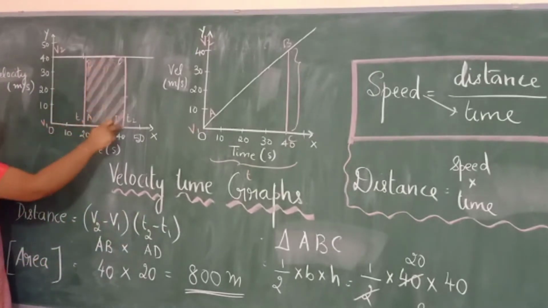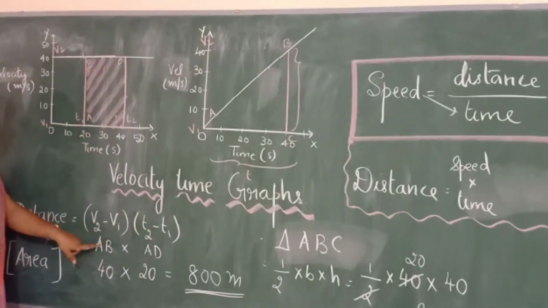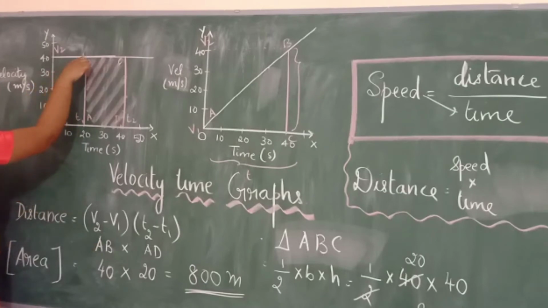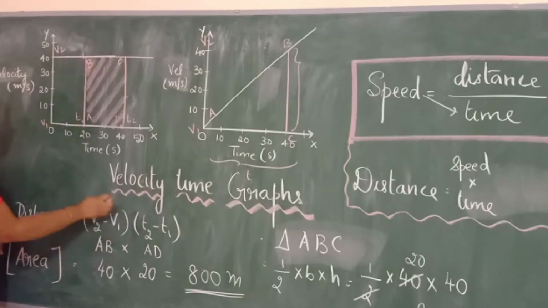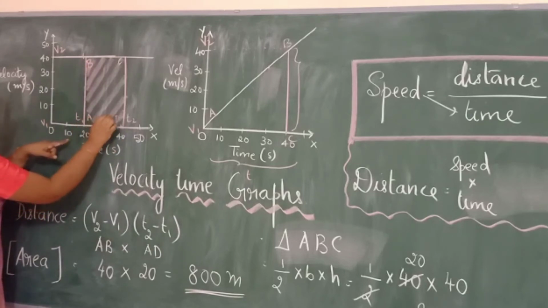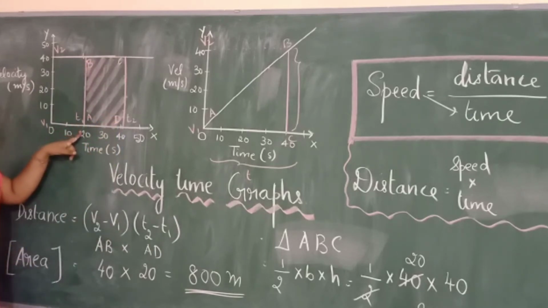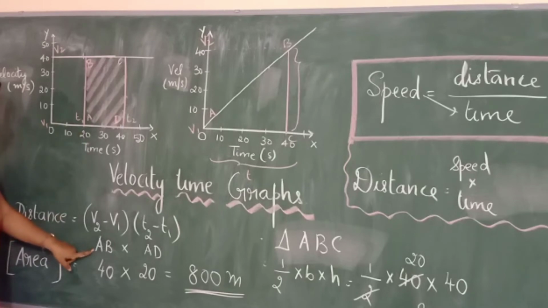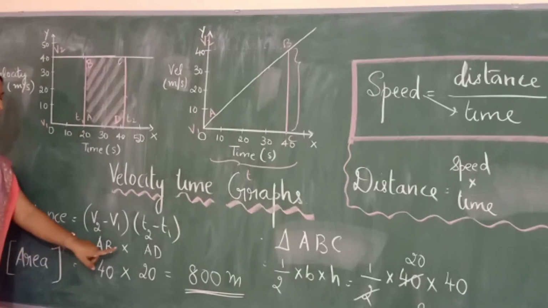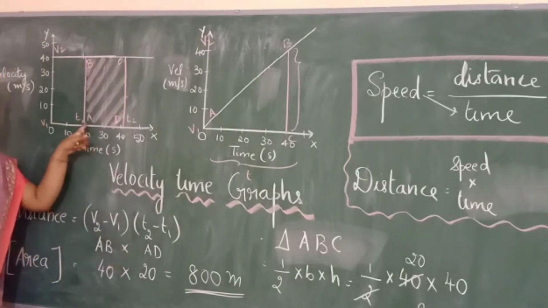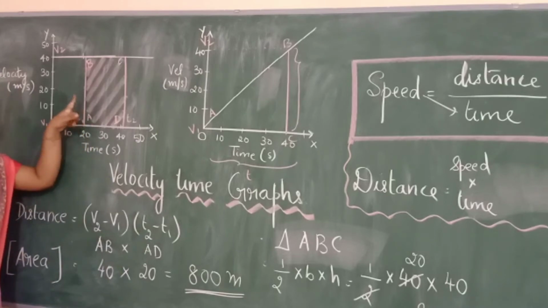In this rectangle, v2 minus v1 is nothing but AB, and t2 minus t1 is nothing but AD. These are the sides of the rectangle, so AB into AD is nothing but the area of the rectangle ABCD.